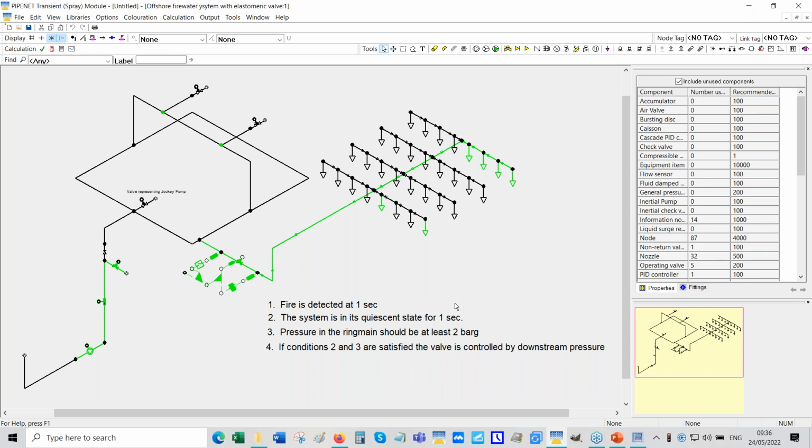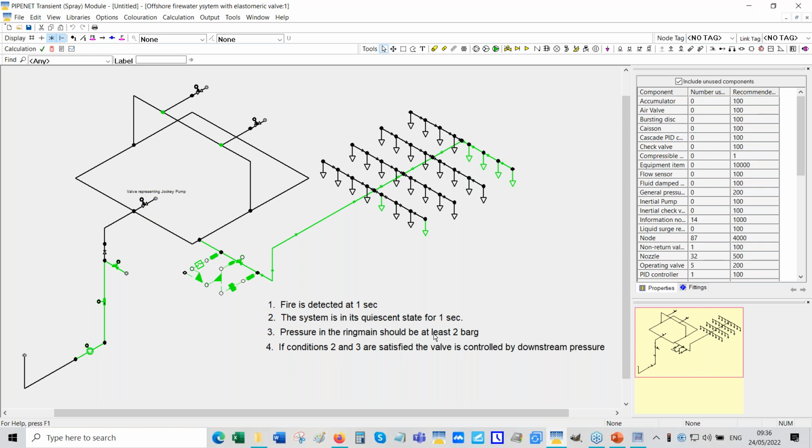That's the first premise. The fire water pressure in the ring main should be at least 2 bar. By that I mean the pressure in this part of the ring main, upstream of the deluge valve, must be at least 2 bar gauge for the elastomeric valve to work.